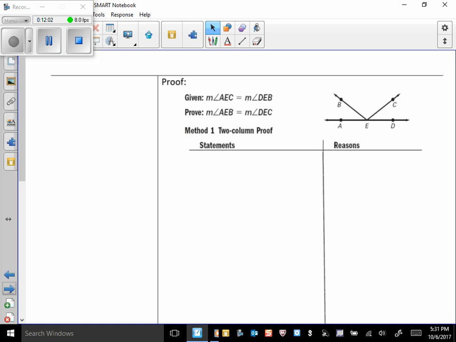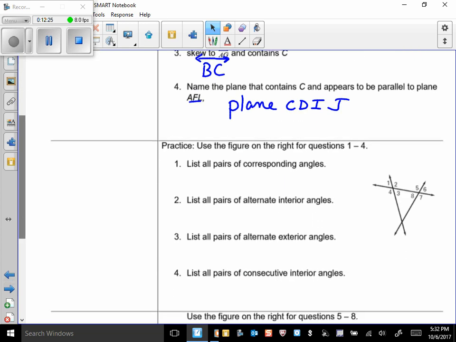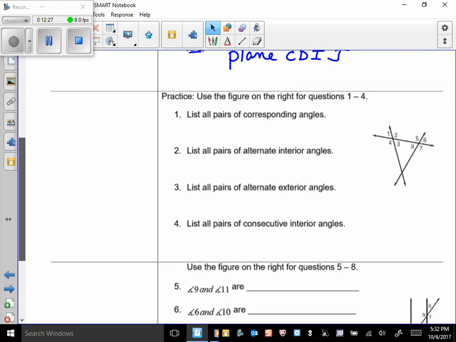And it turns out, I'm not sure how this proof got in this lesson because it really has nothing to do with parallel lines or alternate interior angles, but alas, it's never a bad day to do a proof about angles. So I want you to give this proof a try. It's a short little proof, and then we'll go over it at the very beginning of class. Okay, so go back to the rest of the problems on this page, pause the video, answer these, and then come back and I'll have the answers for you.